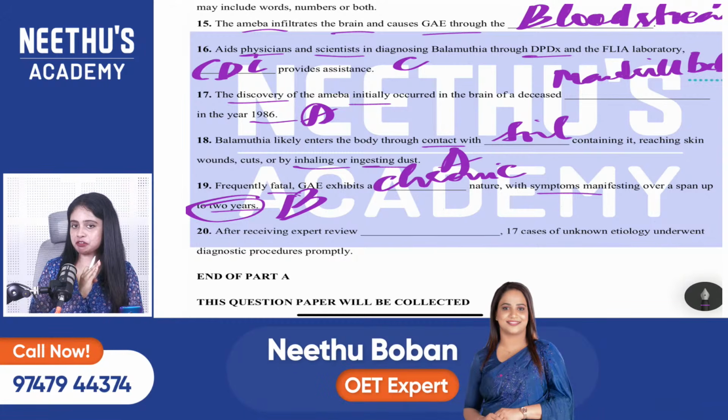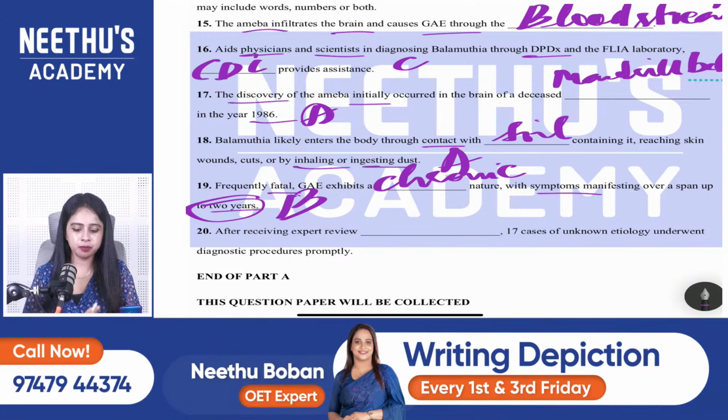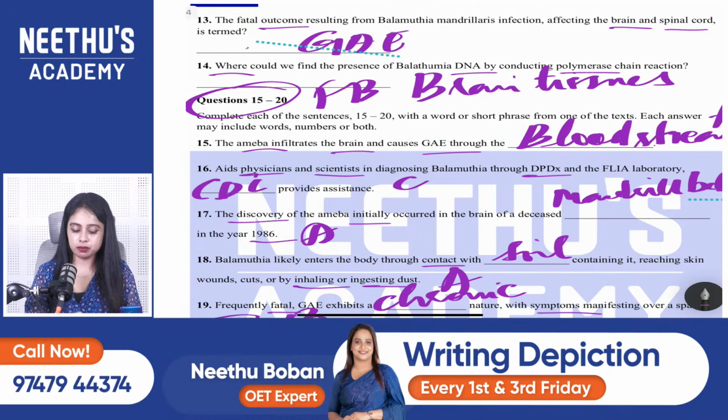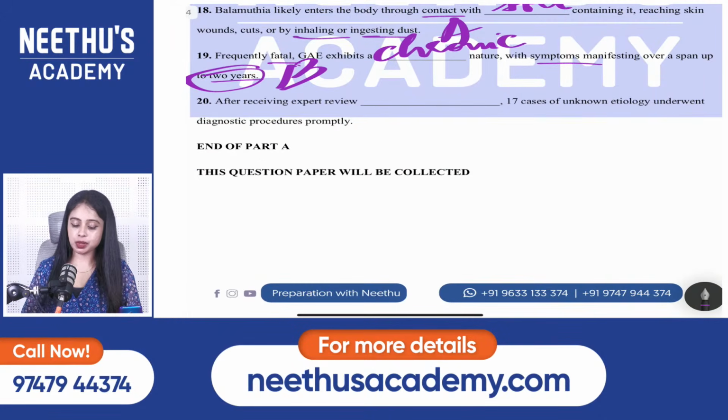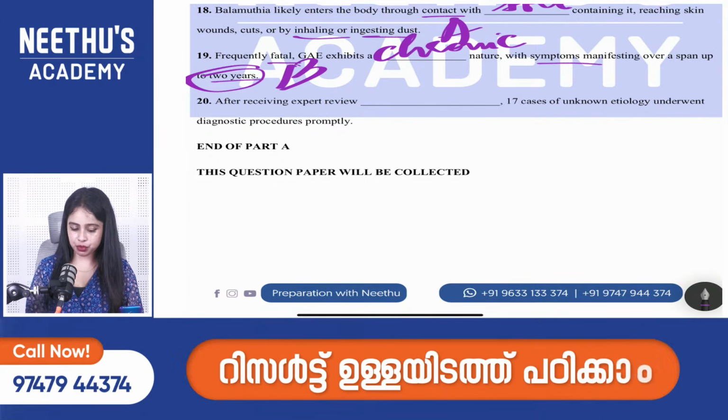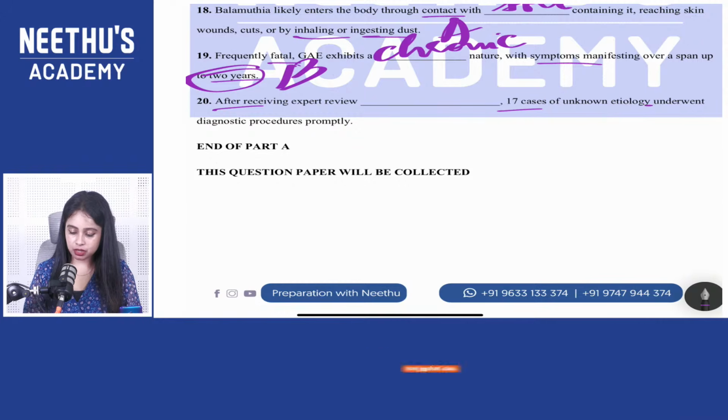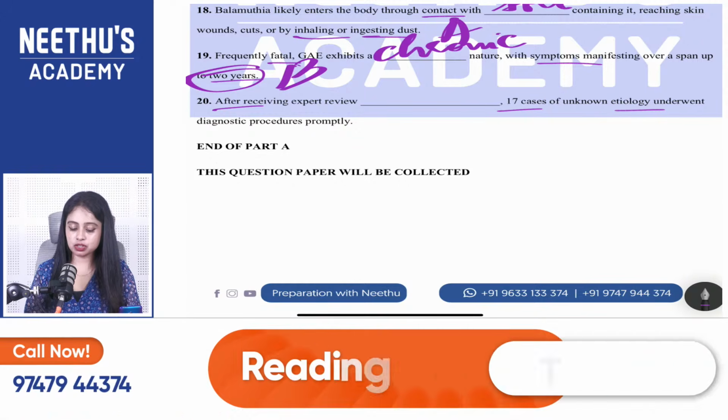So I'm just moving to the final question, and one reminder, this one, where? Okay, so 20. After receiving expert review, dash 17 cases of unknown etiology underwent diagnostic procedures promptly.